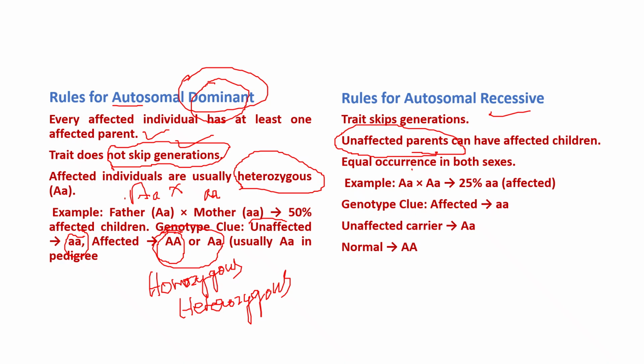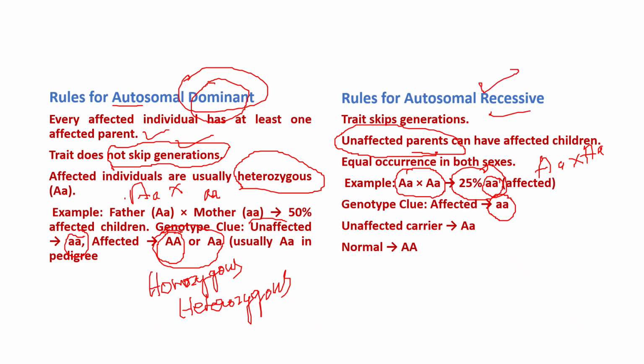So if you take a parental combination, where the mother is heterozygous and the father is heterozygous, only 25% will be recessive, only aa will be affected, that is the homozygous recessive. So the affected one will be homozygous recessive, because here we are discussing autosomal recessive.